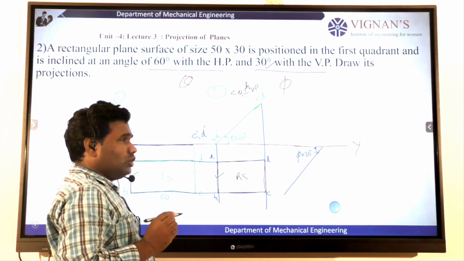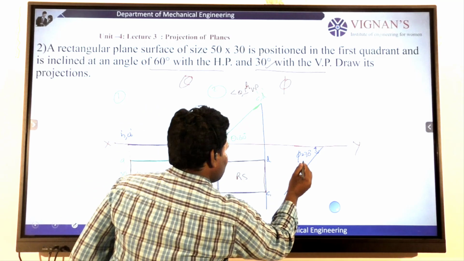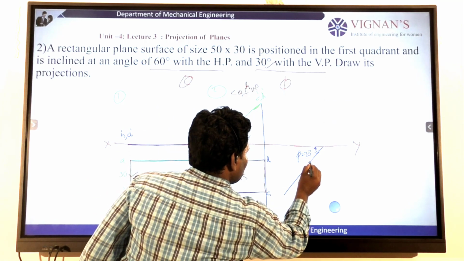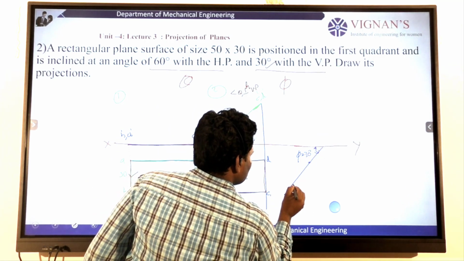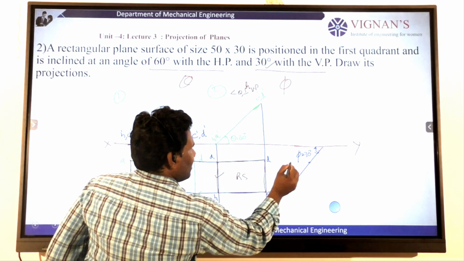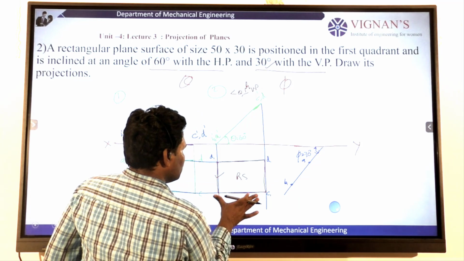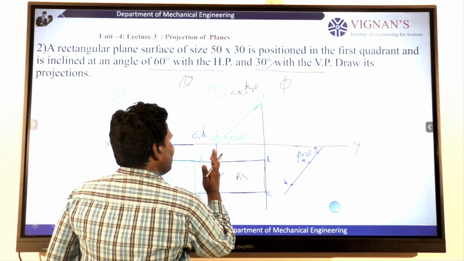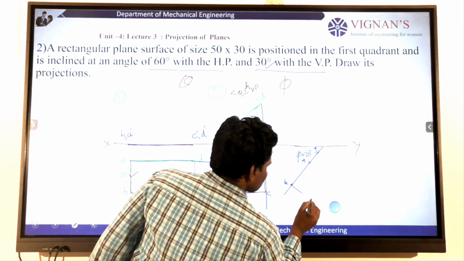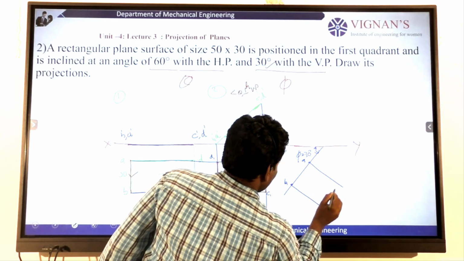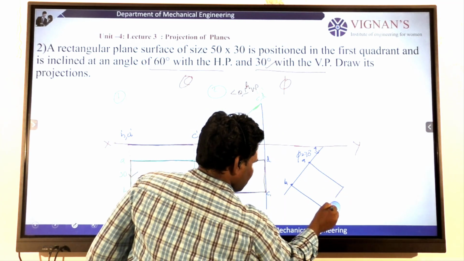And what we have to do? This A1B1 length should be taken on this line. We have to draw this line perpendicular to A1B1. The same dimension we have to keep.